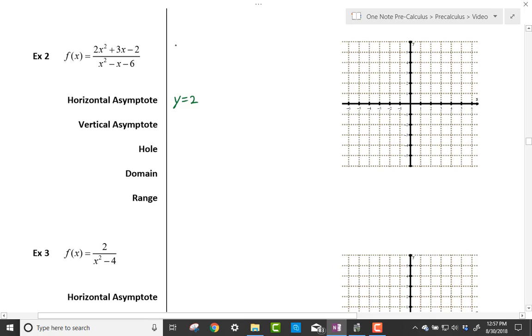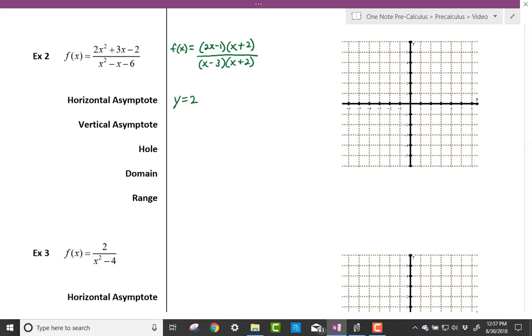I'm going to factor the numerator and the denominator and figure out what to do next. So f of x, if I factor the numerator, I get 2x minus 1 and x plus 2. If I factor the denominator, I get x minus 3 and x plus 2.